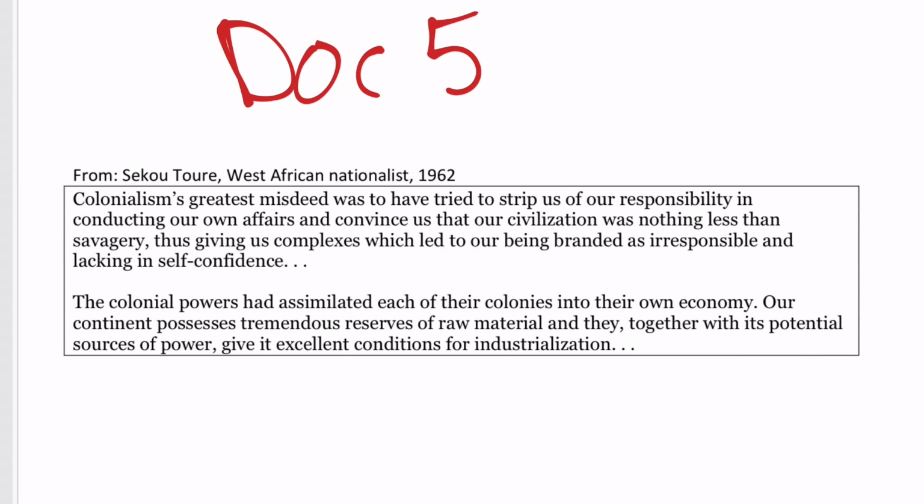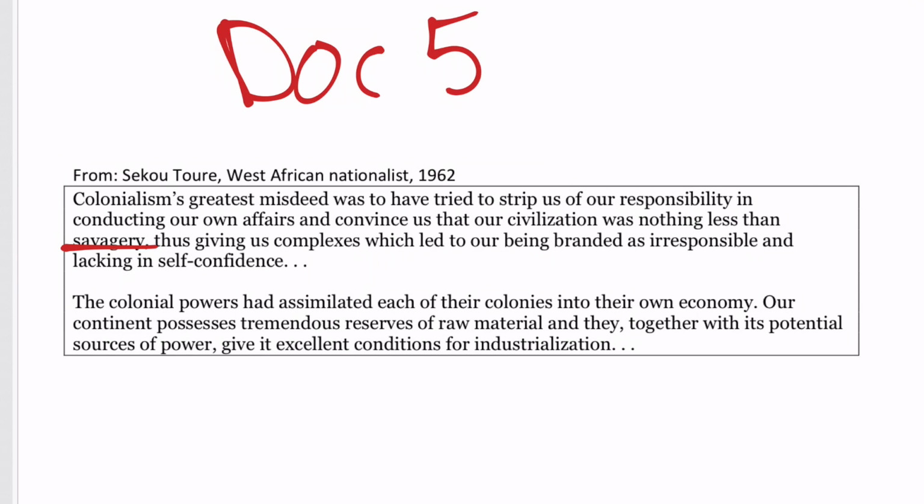So let's look at this. This document is from a West African nationalist, and it says: "Colonialism's greatest misdeed was to have tried to strip us of our responsibility in conducting our own affairs and convince us that our civilization was nothing less than savagery." So we've seen that a little bit before. Savages. "Thus giving us complexes which led us to being branded as irresponsible and lacking in self-confidence.